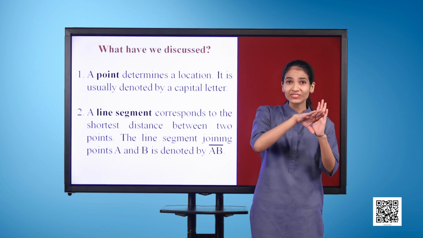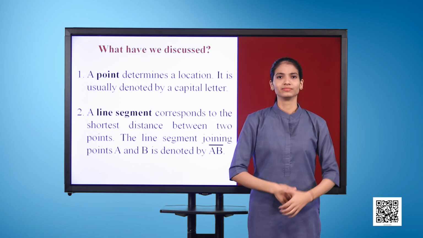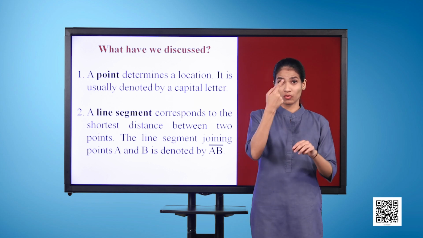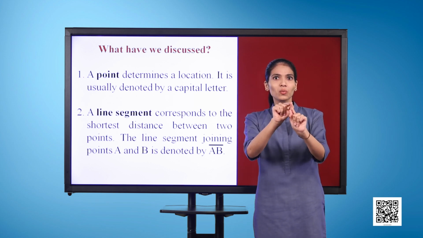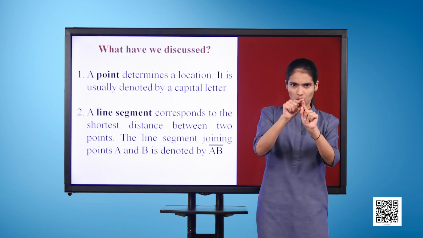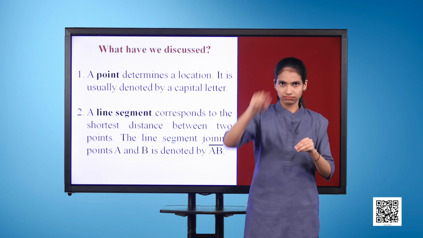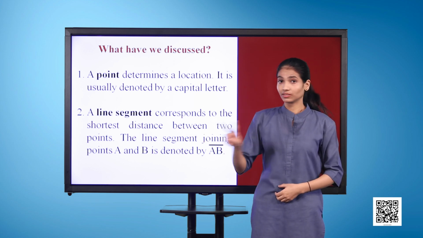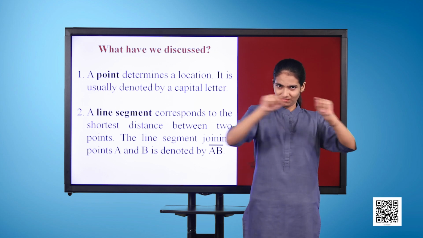What have we discussed? 1. A point determines a location. It is usually denoted by a capital letter. 2. A line segment corresponds to the shortest distance between 2 points.